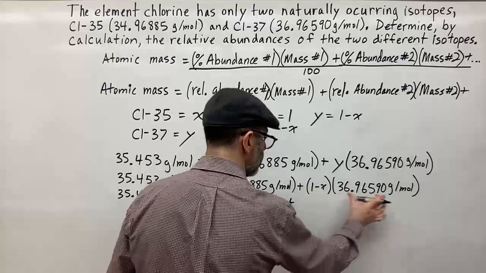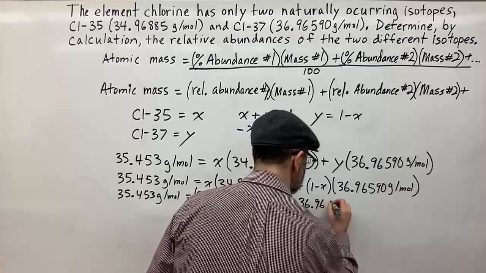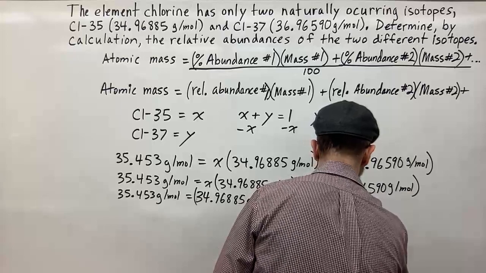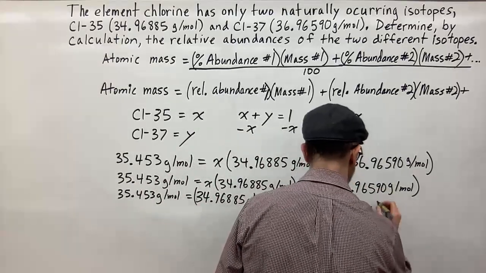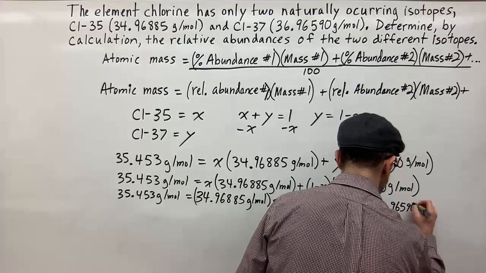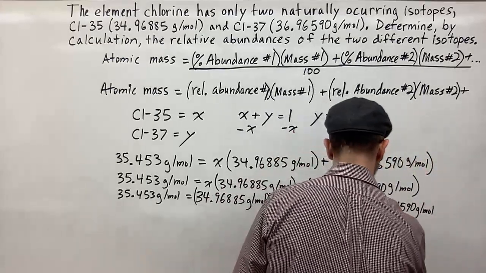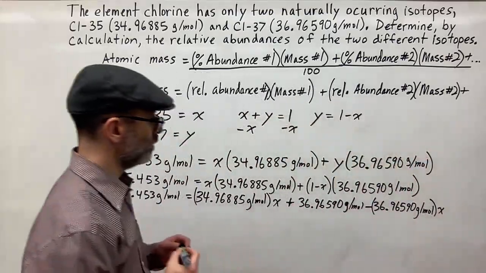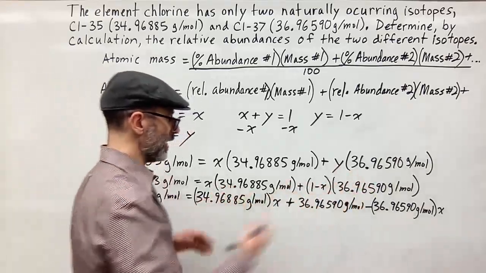So this times 1 gives me this back. So that's going to be 36.96590 grams per mole. And then it's just this times negative X. So that's going to be minus 36.96590 grams per mole, and again, that's going to be multiplied by X. So now I have everything kind of expanded out.